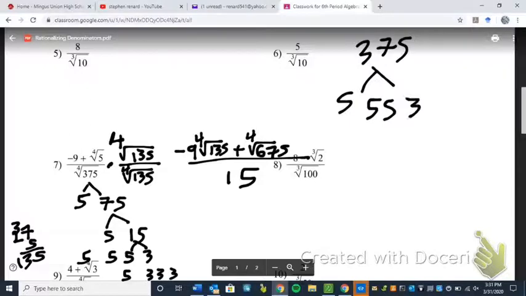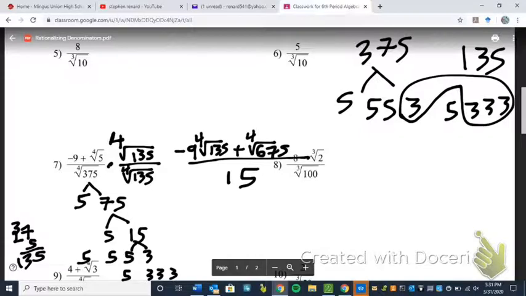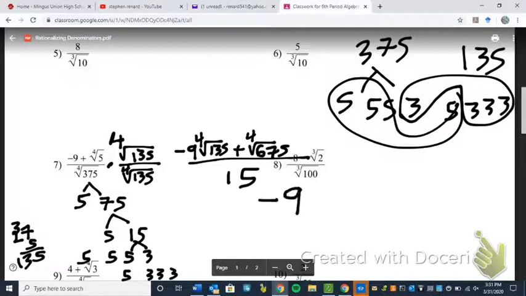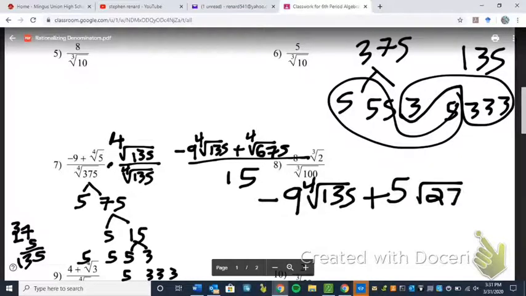So 375, if we look at this, we know it breaks down to 5 times 5 times 5 times 3. 135 is 5 times 3 times 3 times 3. So we have 4 3s, 4 5s. 5 times 3 is 15. And 675, we can pull a 5 out. Because we knew that when we added in the 135, actually, I don't know where that came from.